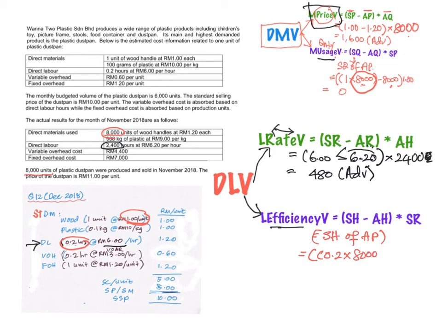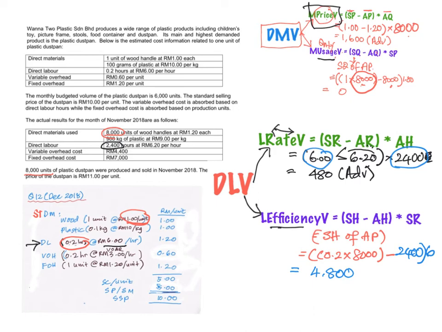So you times it with 8,000 and then minus the actual hours, which is 2,400 that we have already seen used over there. Then you close the bracket and times it with the standard rate, which is 6 ringgit. So we are going to get 4,800.